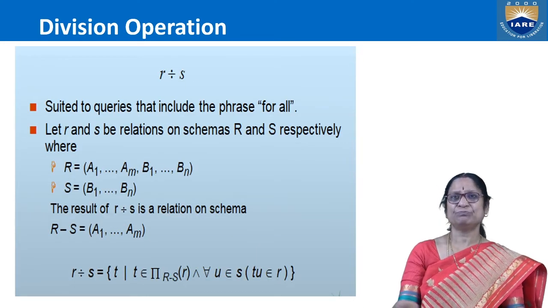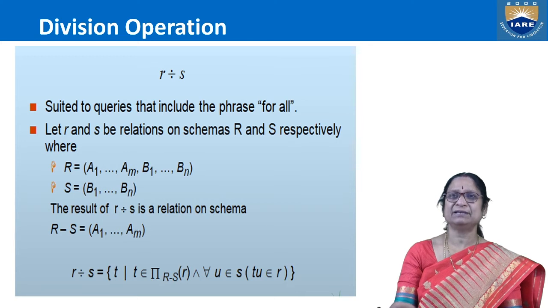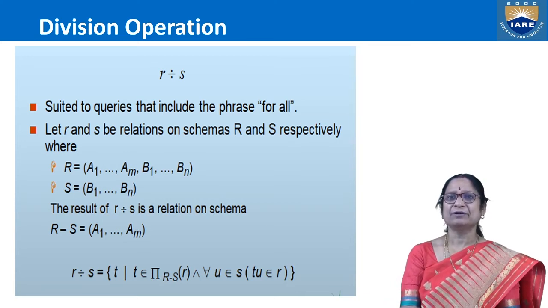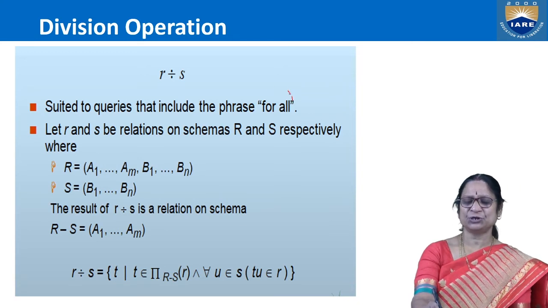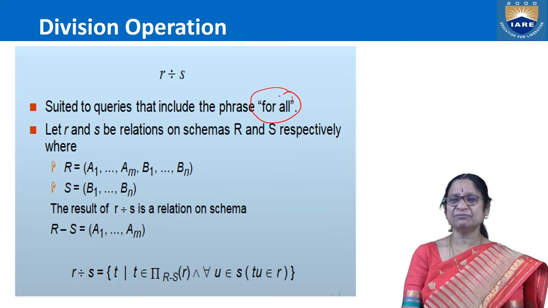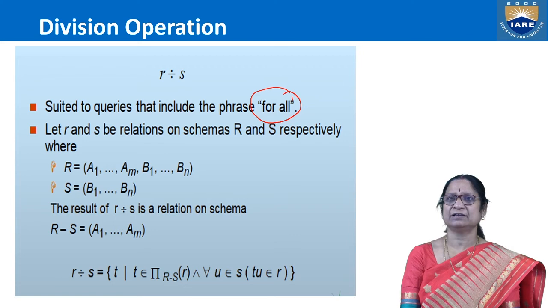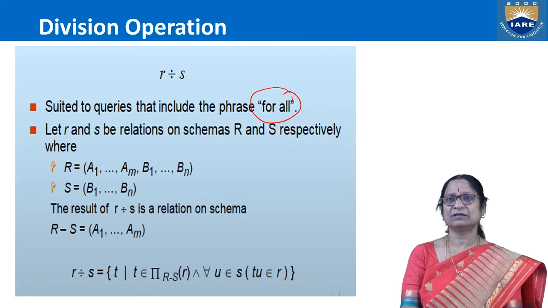The next and most important operation, which seems to be a little bit complex, is the division operation. You remember this is very much required wherever we would like to get a response for queries which consist of for all, the universal quantifier.